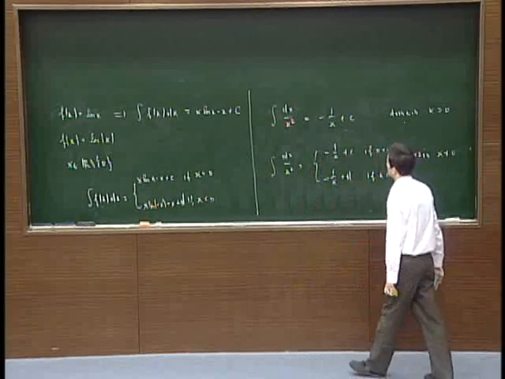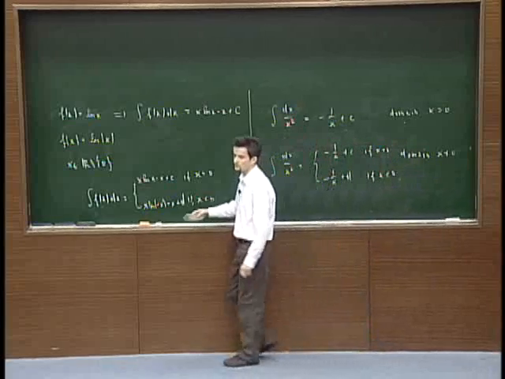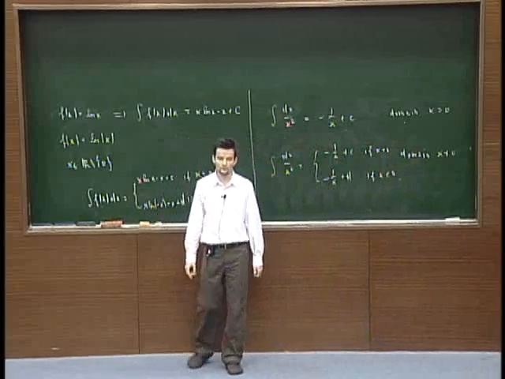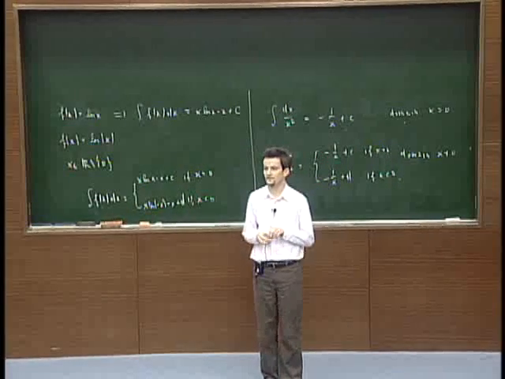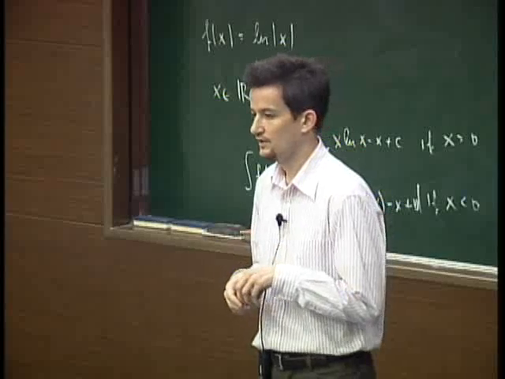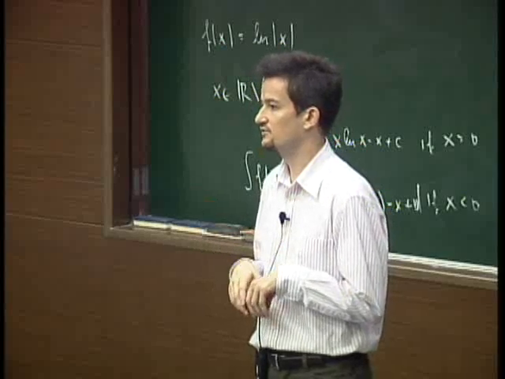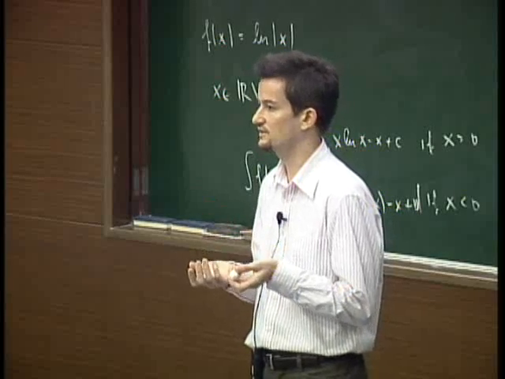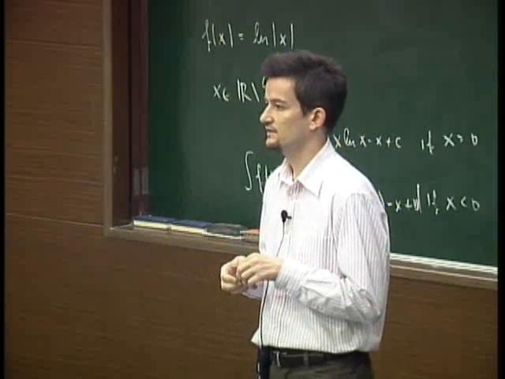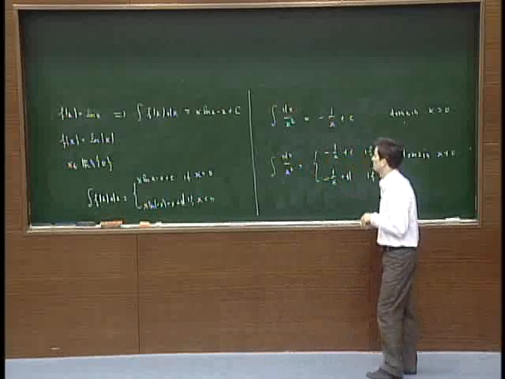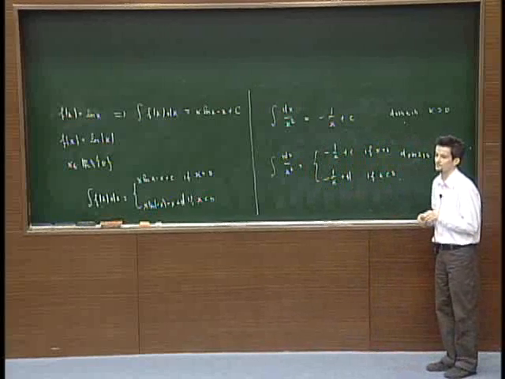The only thing you have to do is reverse the rules for differentiation. You also know that the integral of 1 over 1 plus x squared dx is the arctangent of x plus a constant. You find a table in our textbook.